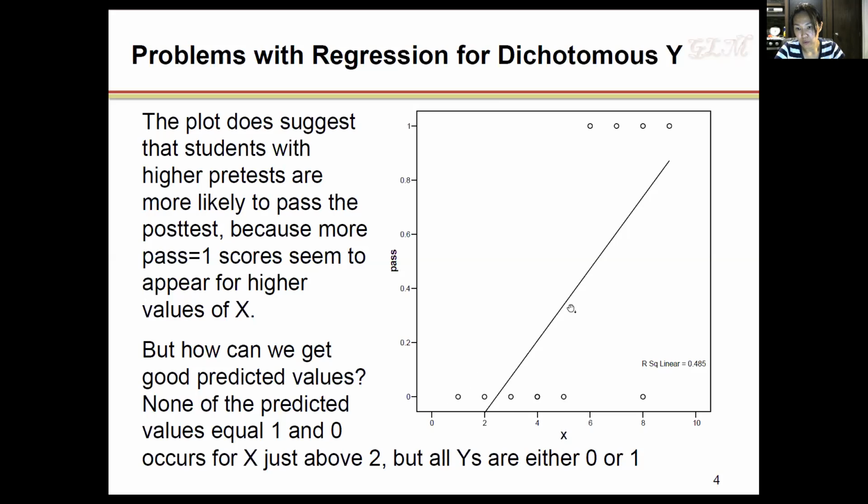But somehow around this score, the passing rate is getting higher and higher, right? Once a person's score is higher than a certain threshold, then the passing probability is high.